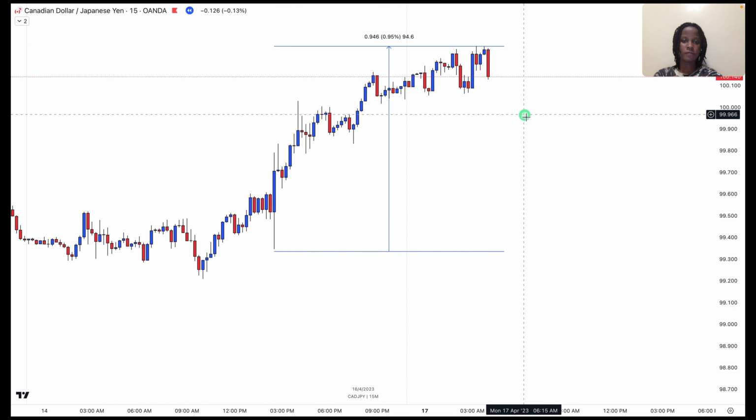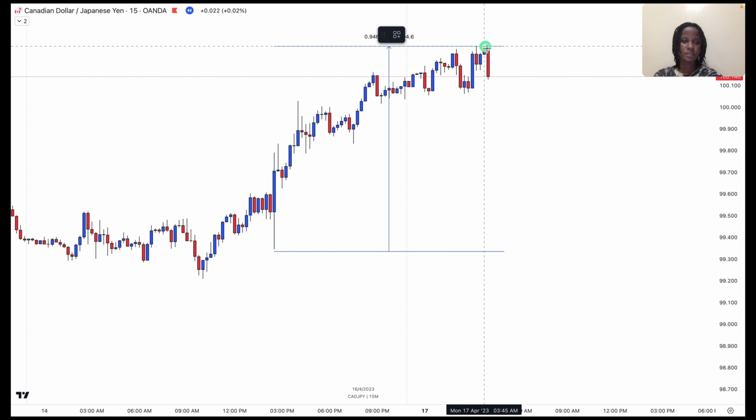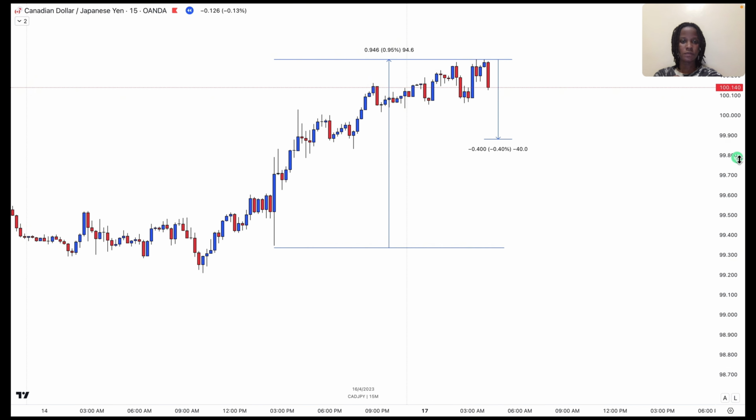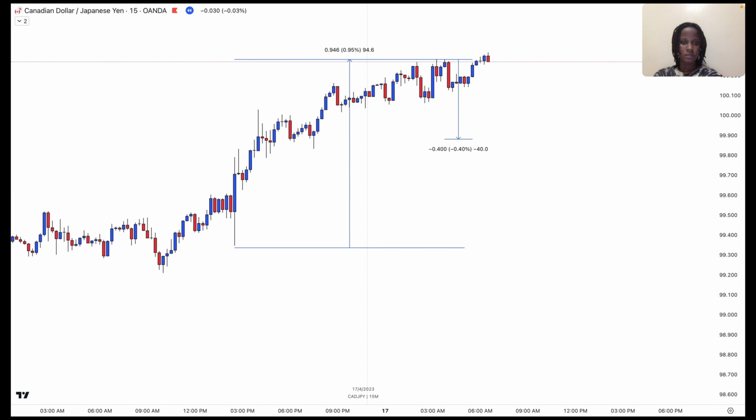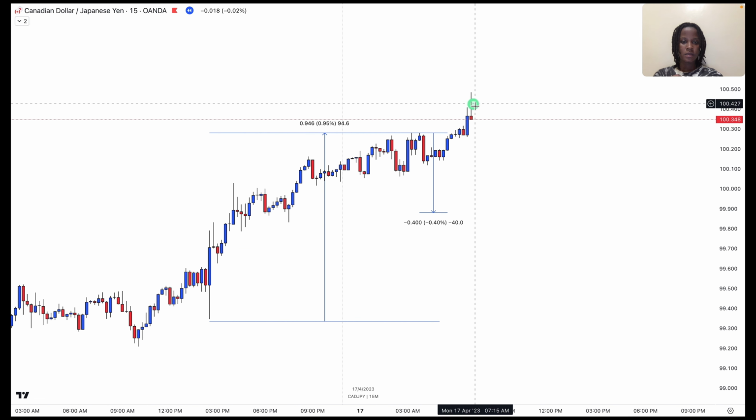So let's wait for the 40 pips retracement, but first let's measure it. The retracement is from here to here, down 40 pips. Let's put it up here. There. Let's see if we're going to get that 40 pips retracement. Okay, you can see it's going up.